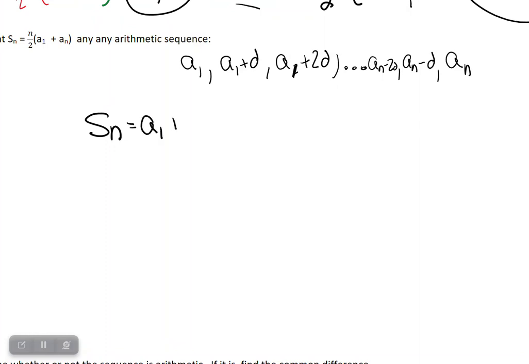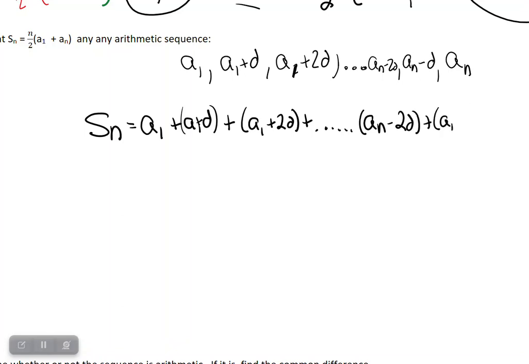So a sub 1, plus a sub 1 plus d, plus a sub 1 plus 2d, and then we add that for however many terms we need, and then I'm going to get a sub n minus 2d plus a sub n minus d, and finally a sub n, added together.